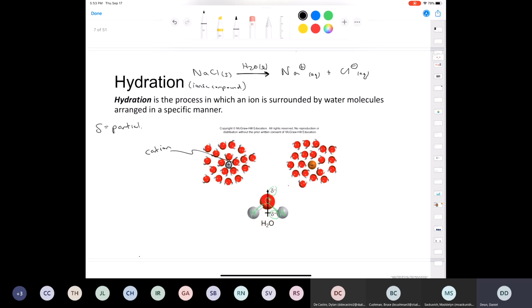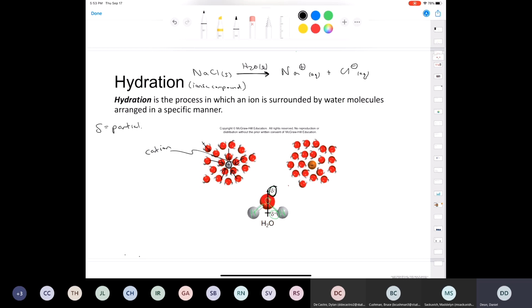You see the positive charge here? Do you notice how all the water molecules are pointing in the same direction? Well, most of them, at least the ones that are very close. They're all pointing with the partial negative charge towards that positive charge of the cation. What do we know about opposite charges? They attract each other. And so what that does is it stabilizes that cation.